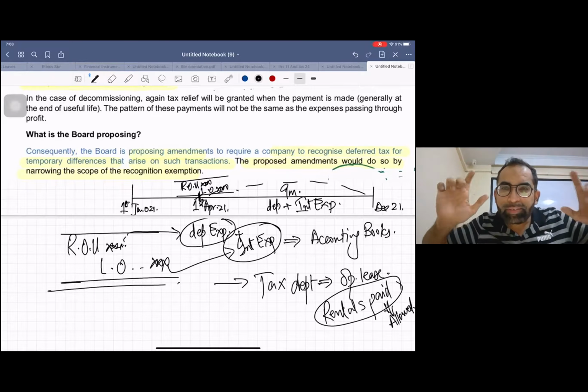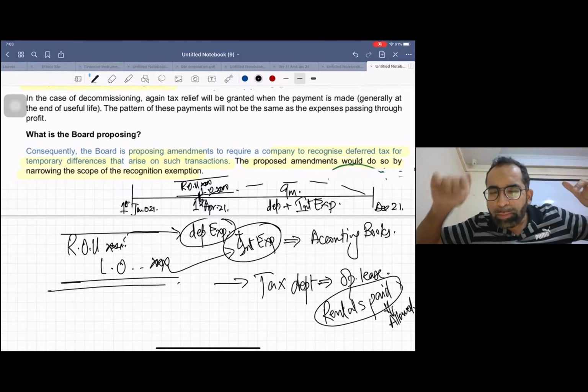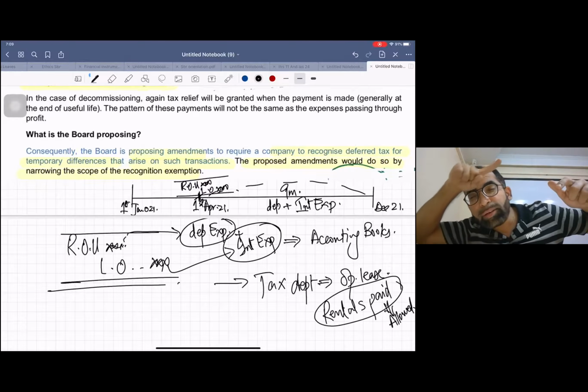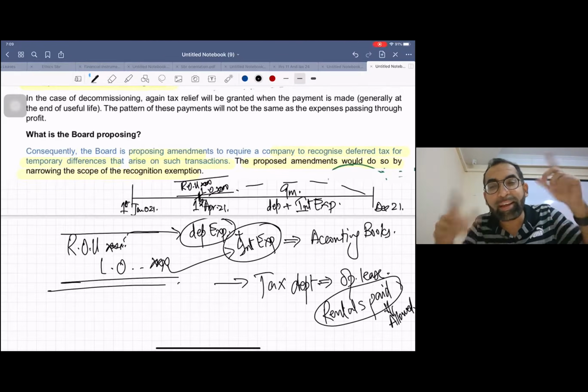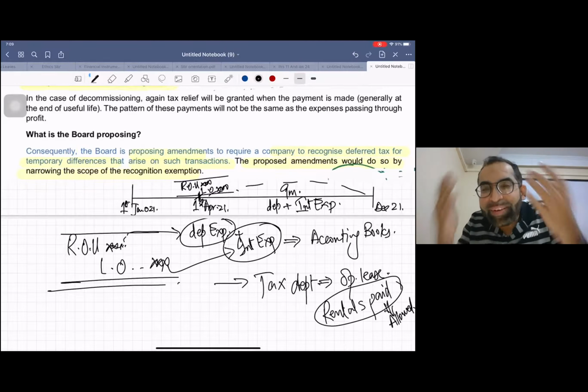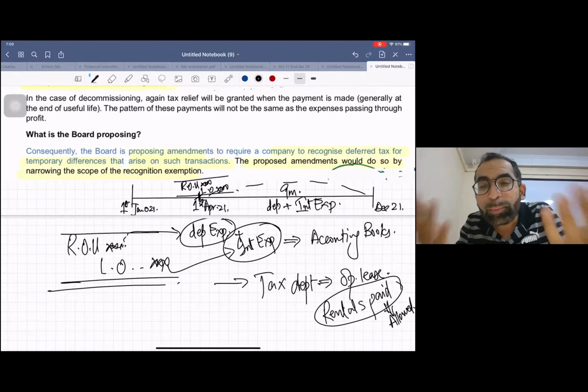So there is a timing difference. In the accounting books we are booking expense now, but the tax department will allow it in future. So see, this is a timing difference. So when there is a timing difference, why don't you book deferred tax?